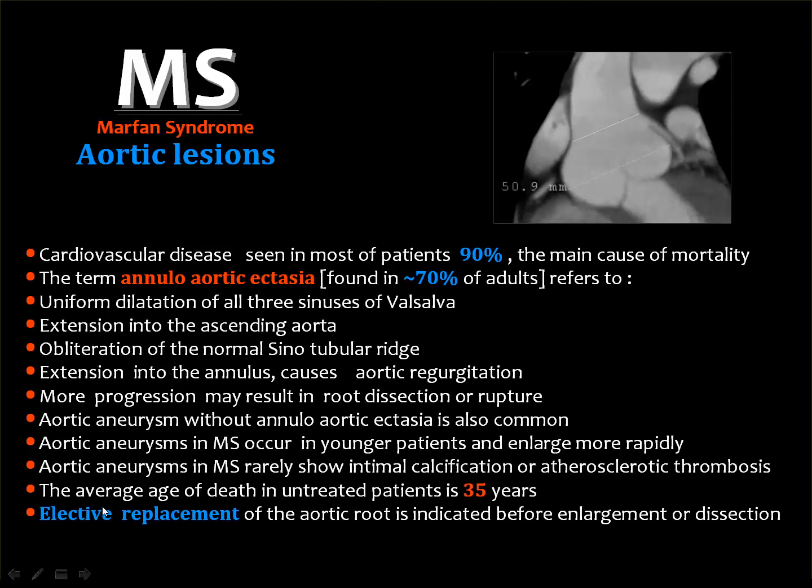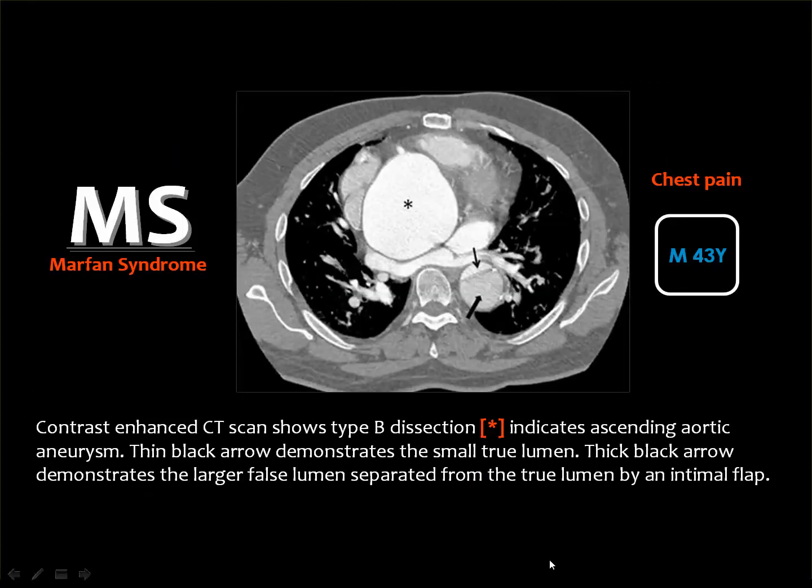The average age of death in untreated patients with Marfan syndrome and aortic aneurysm is about 35 years. So the literature recommends what is known as elective replacement of the aortic root in patients with Marfan syndrome, which may be done before the aneurysmal dilatation of the aortic root or the dissection.